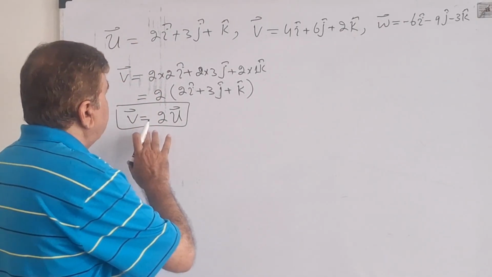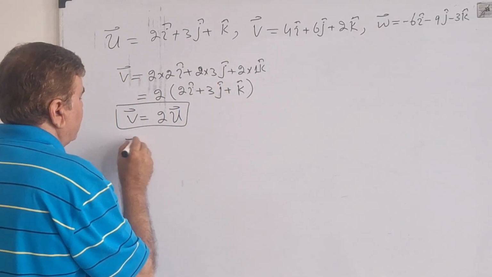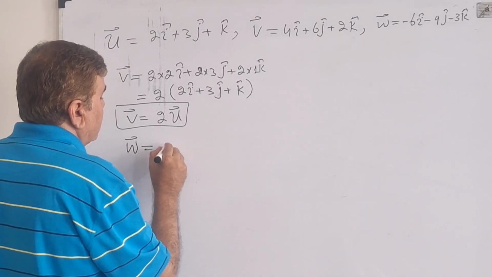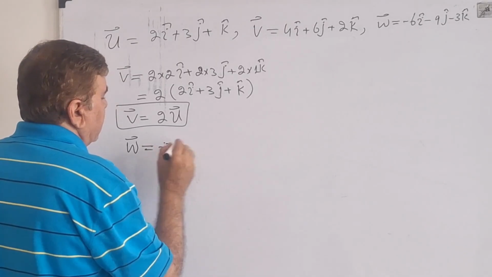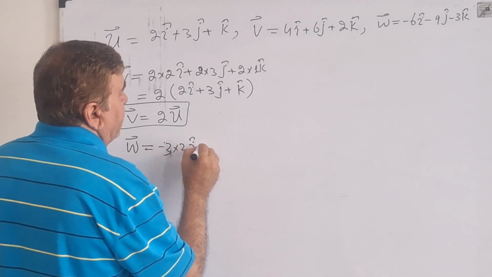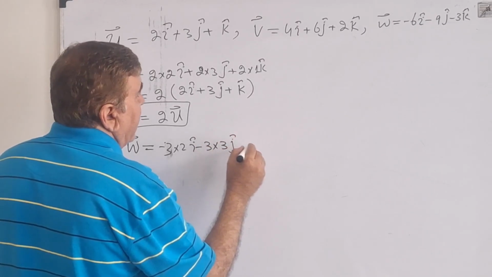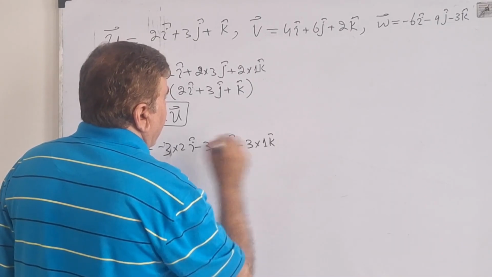And I can do a similar procedure with vector w, that is I can write w in factorized form, like I can write minus 3 times 2i minus 3 times 3j and minus 3 times 1k.